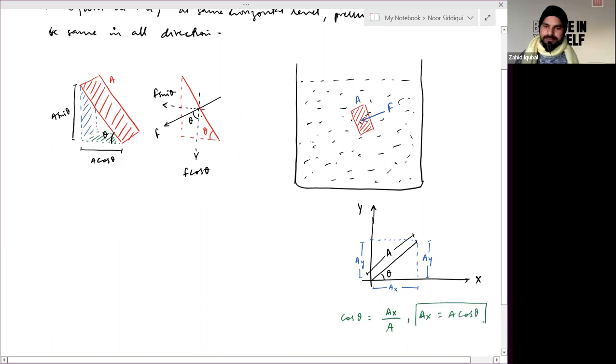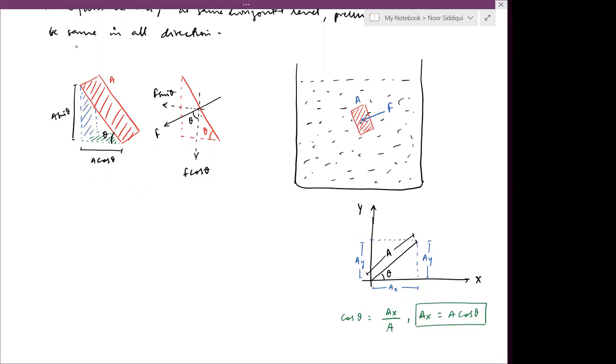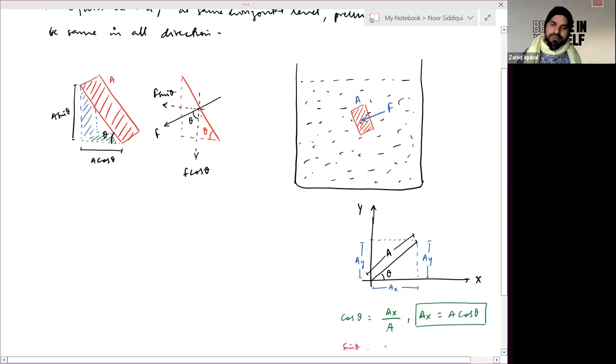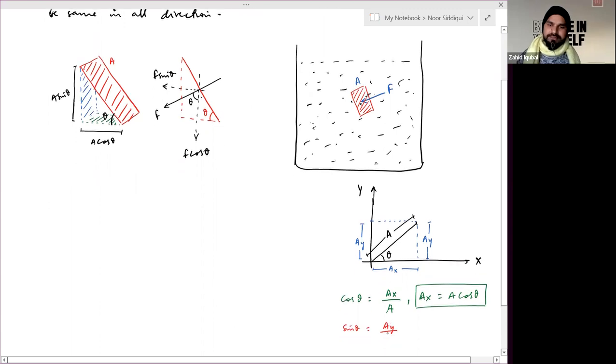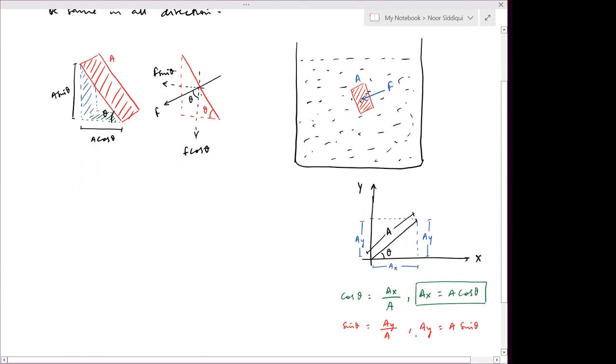Is it clear? Yes, sir. Similarly, sin theta equals perpendicular divided by hypotenuse. So if you want to calculate AY, it will be A times sin theta. Is it clear? Yes, sir.